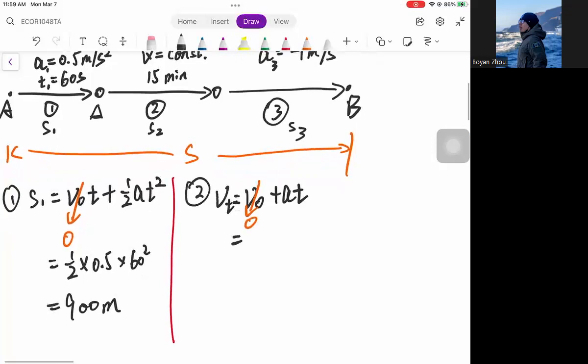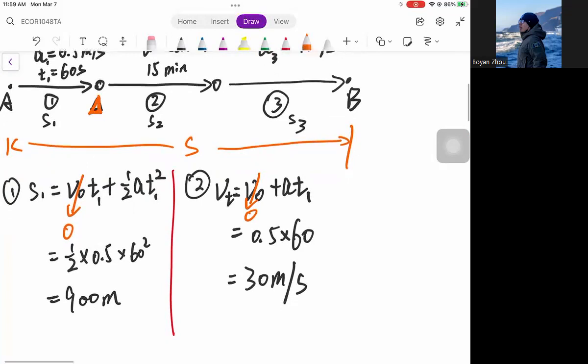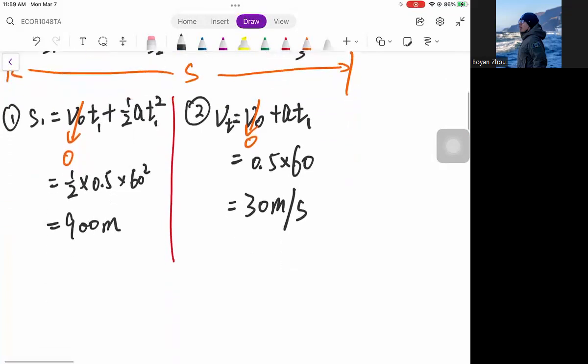So the only thing left is the acceleration 0.5 times the time t1, times 60. So that is gonna be 30 meters per second. So when the train reaches the point over here, it's gonna move at 30 meters per second for 15 minutes.